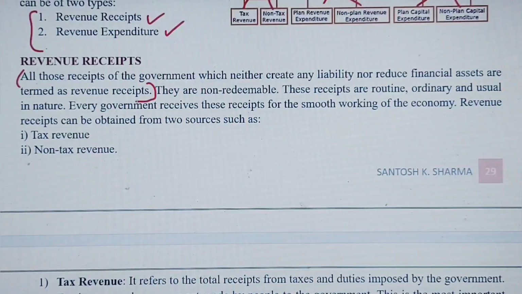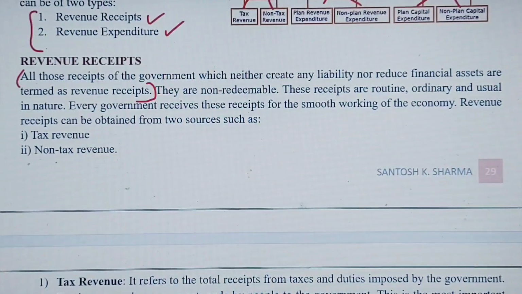This is very important for your exam, that all the different types of receipts that the government receives, which neither create any liability or claim for the government, nor reduce the financial assets of the government, are generally termed as revenue receipts, and these are non-redeemable.